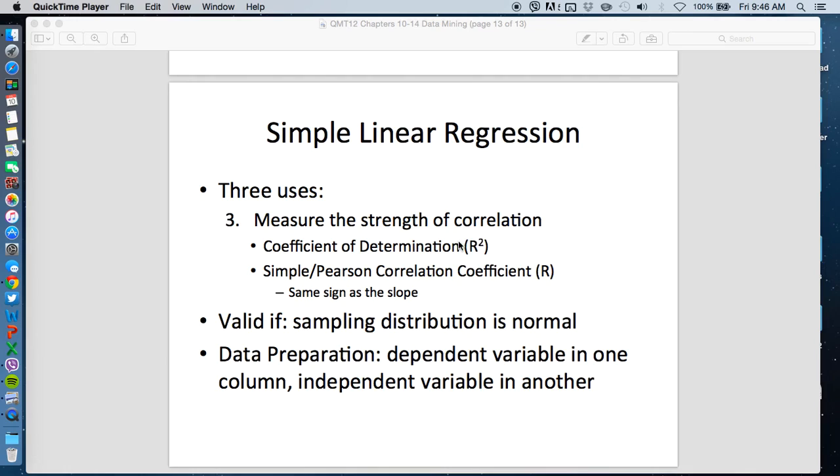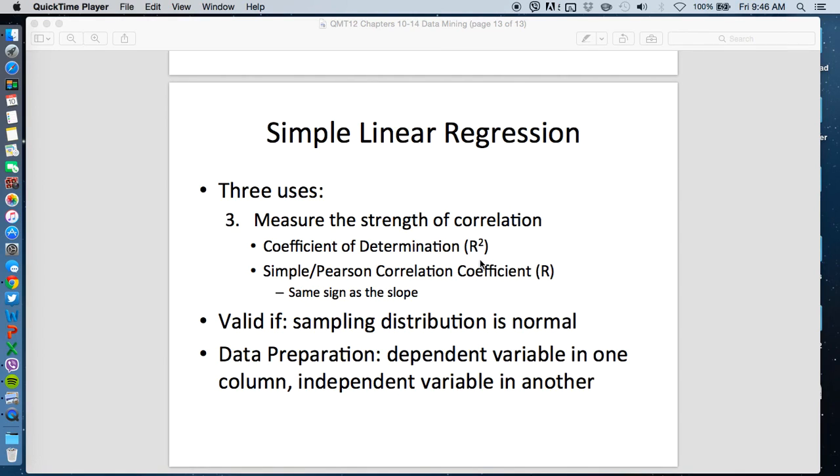So the closer r squared is to 100%, the stronger the relationship that exists between the two. Now, r is simply the square root of r squared, and it's also interpreted similarly. So if the value for r is close to 1, then we have a strong relationship.